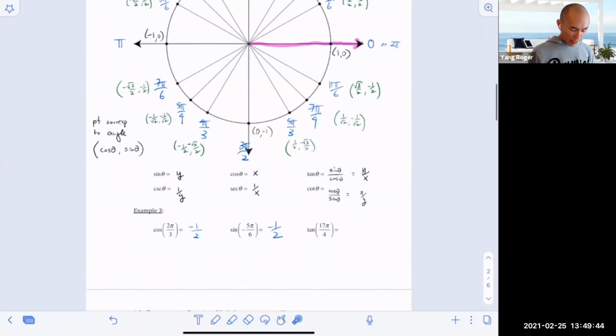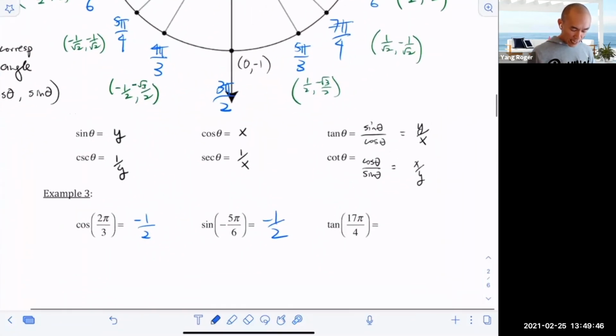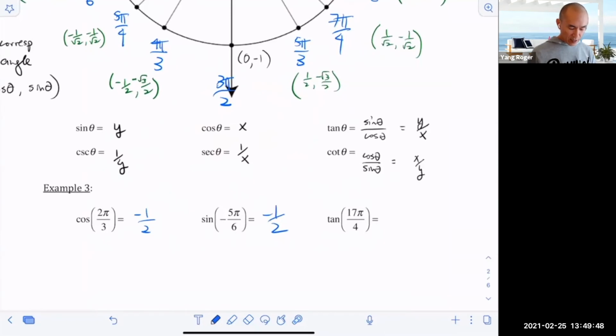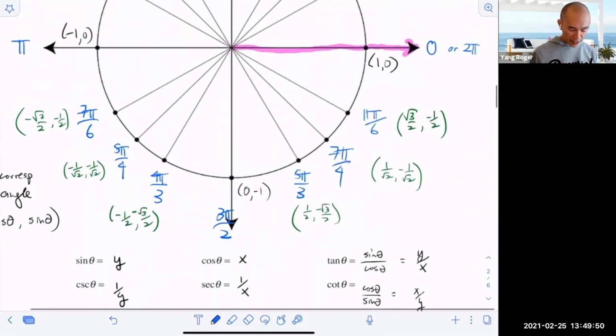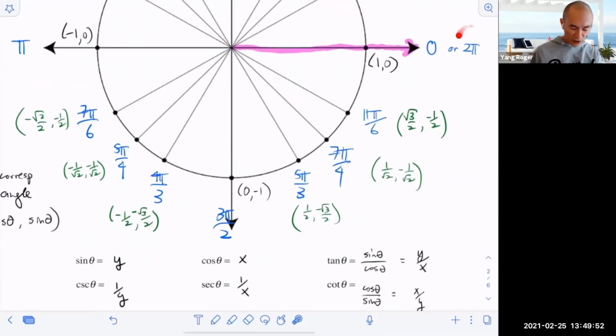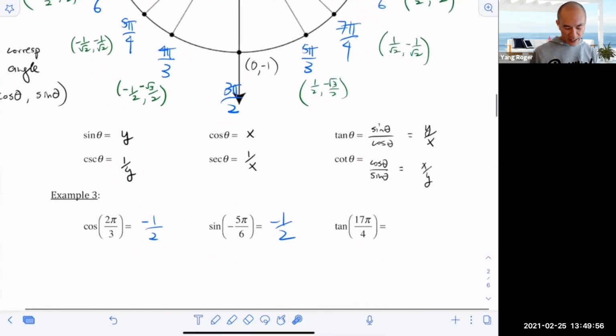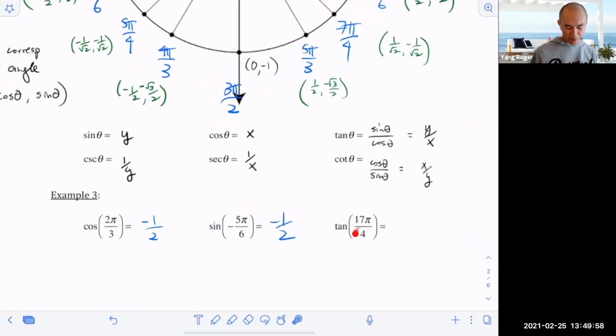So basically what our classmate is saying is every time you do 2 pi, you get a full circle. Now this particular student notices that our denominator is 4. So when you convert 2 pi into a denominator of 4, that's going to be 8 pi over 4, right? So we have 17 pi over 4.